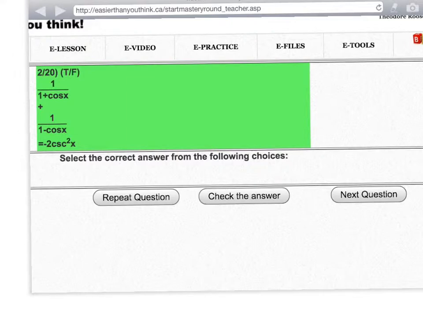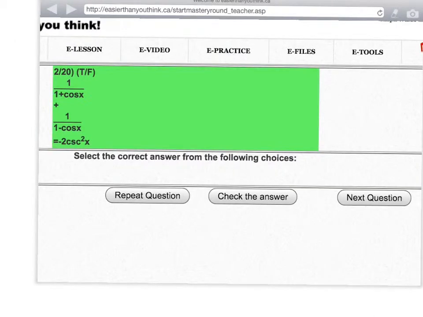Try the next one. 1 over 1 plus cos x plus 1 over 1 minus cos x is equal to negative 2 cosecant squared x. Is it true or false? Okay, to solve this identity, if it is an identity, I'm going to start with the left side. So I'm going to find the common denominator.